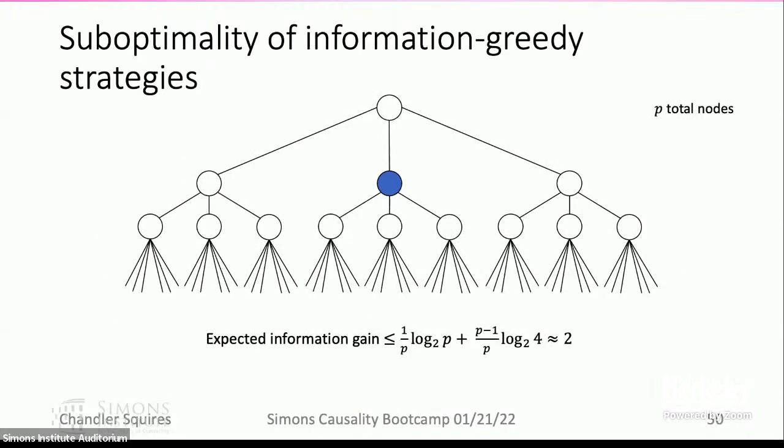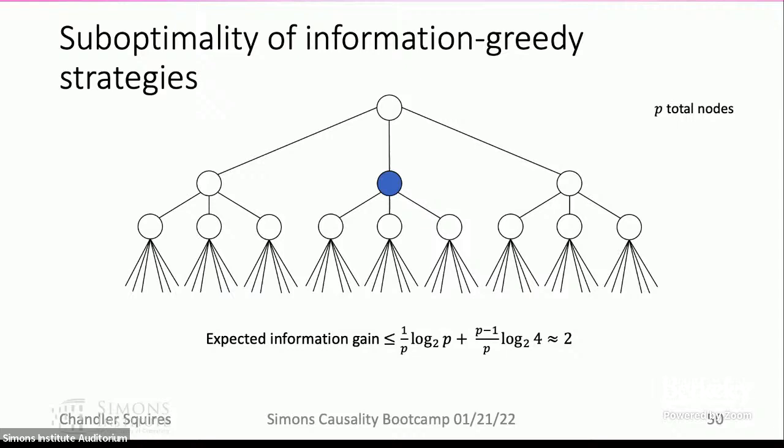Now let's consider what happens when we intervene on any node that's not in the penultimate layer. There's 1/p probability, if we're using a uniform distribution over the Markov equivalence class, that it's actually the root node. If this was the root node, then because of those Meek rules, we would get all of the information about the DAG. So here I'm doing this in terms of the expected information gain.